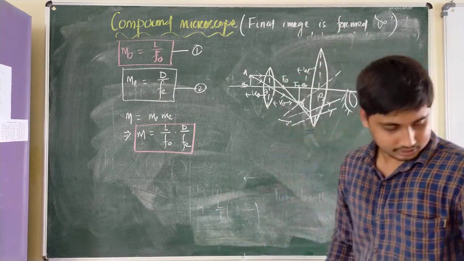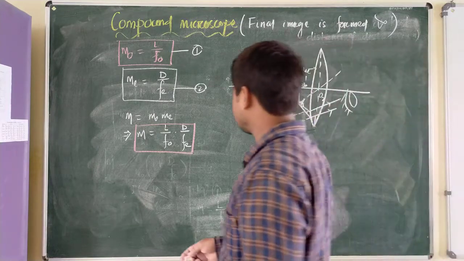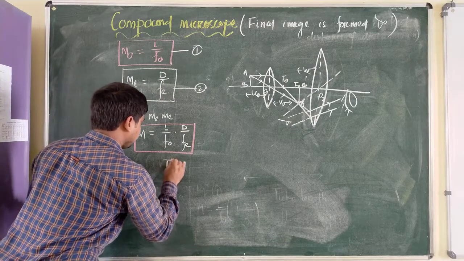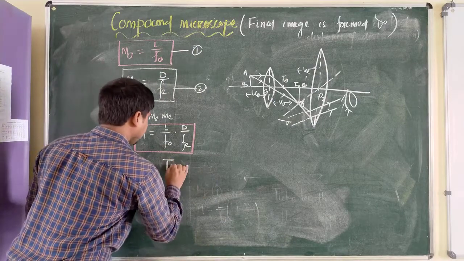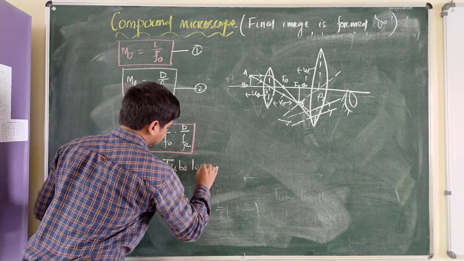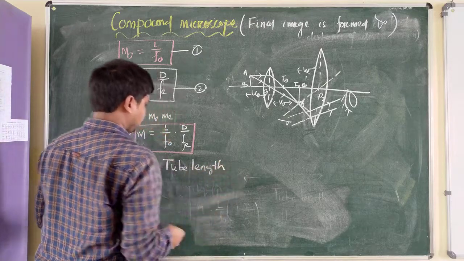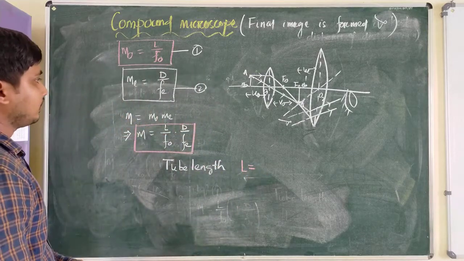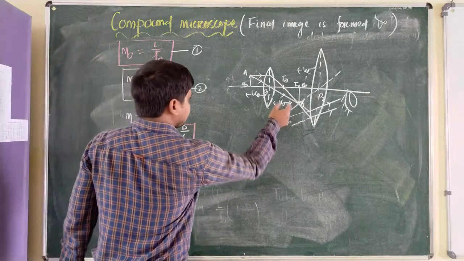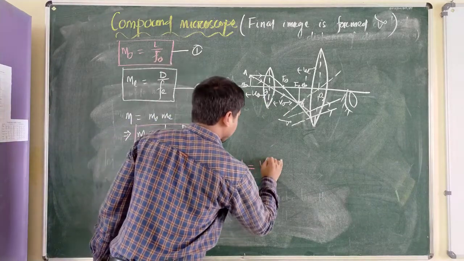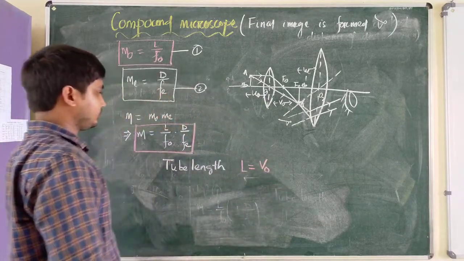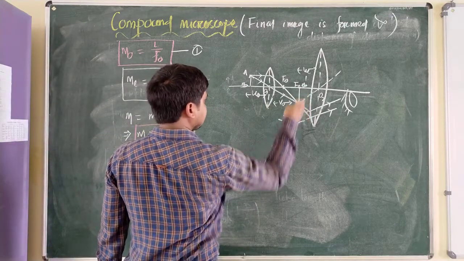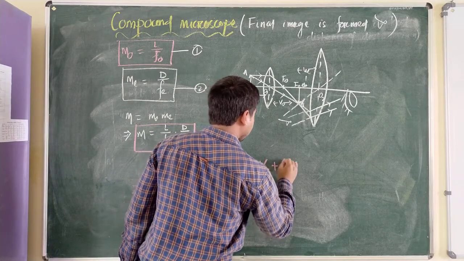In this case, the tube length L is given by the image distance formed by the objective, which is V0, and the object distance, this length, is equal to FE, the focus of the eyepiece.